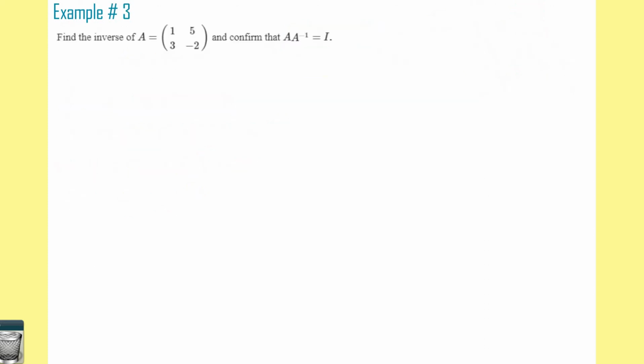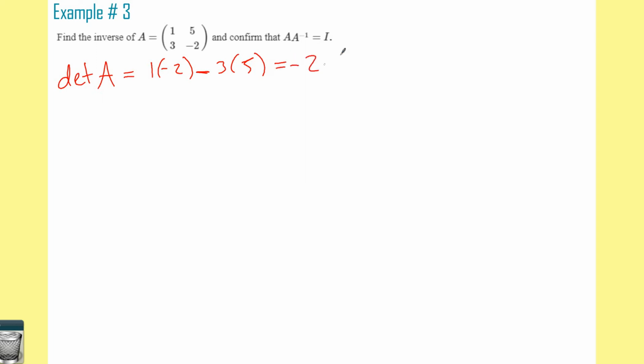All right, number 13. So find the inverse of this. So how we find the inverse is first we have to find the determinant. So the determinant of A is, we do 1 times -2, so this diagonal, minus the right diagonal, 3 times 5.